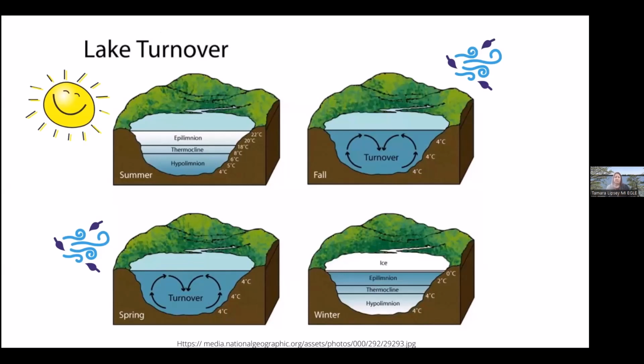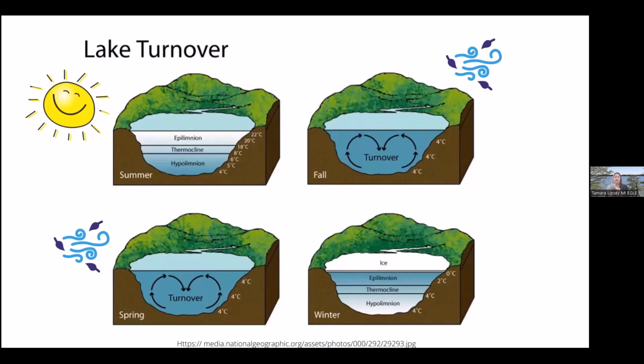So here's the summer, where you have your epilimnion, which is that warm layer, the thermocline, and the hypolimnion, where the cold water is much more dense and at the bottom of the lake. Well, as the air temperature drops in the fall and the sun gets lower in the horizon, the temperature in the lake begins to fall.